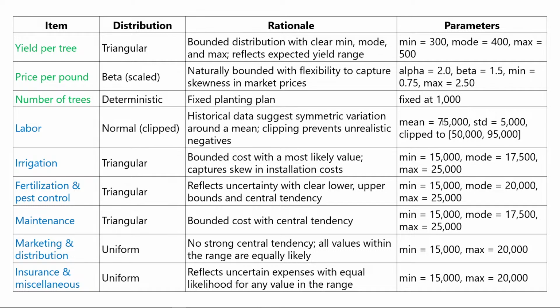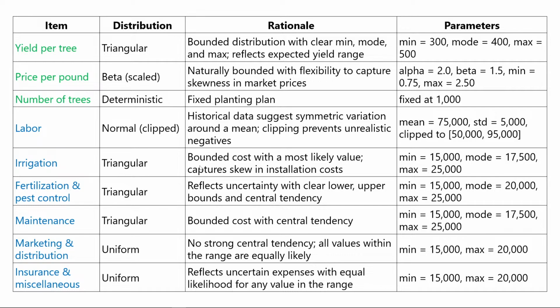So here, for example, in this 10 acre, I'm expecting the annual cost would be to hire one laborer. This labor might cost me around $75,000 plus or minus $5,000. This labor will in no way take less than $50,000, and will in no way take more than $95,000.